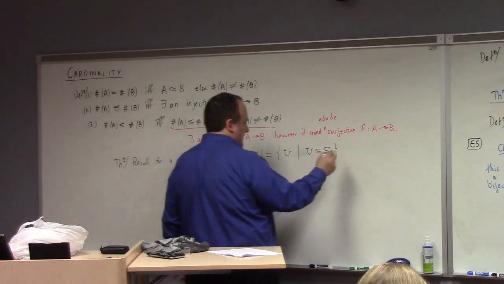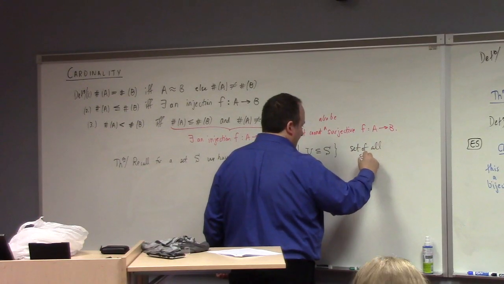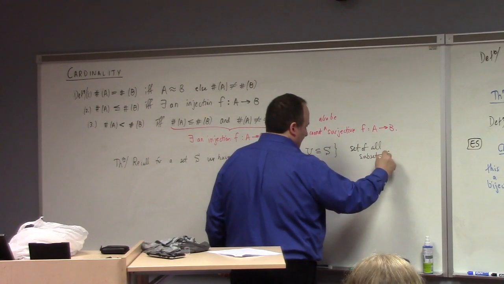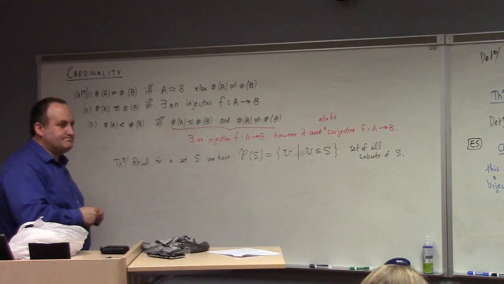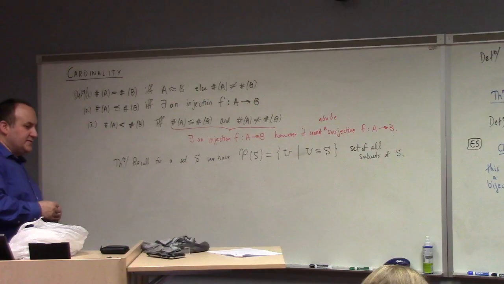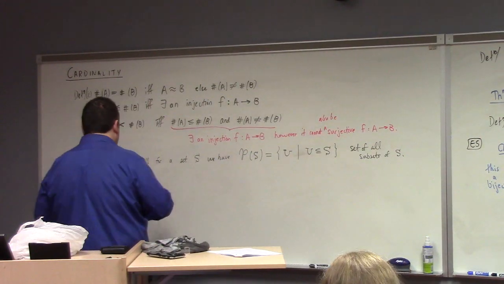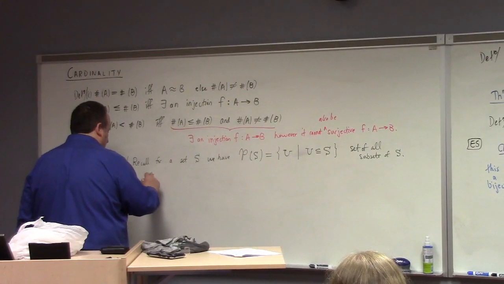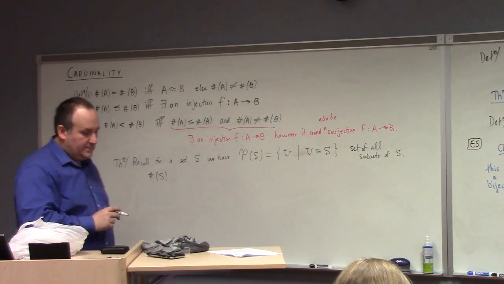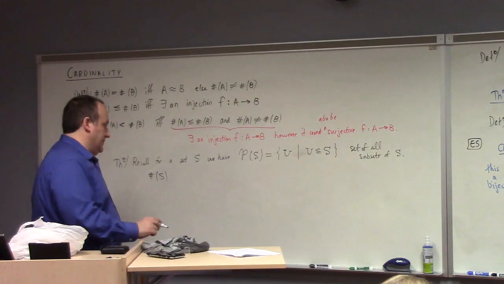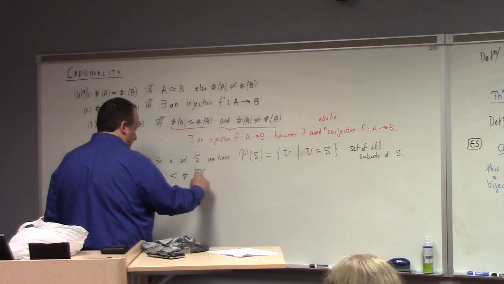The power set, it's the set of all subsets. You guys remember this? We talked about power sets before. Well, Cantor's theorem simply says that the cardinality of a set S is strictly less than the cardinality of the power set of S.